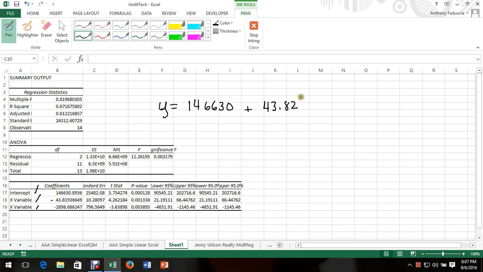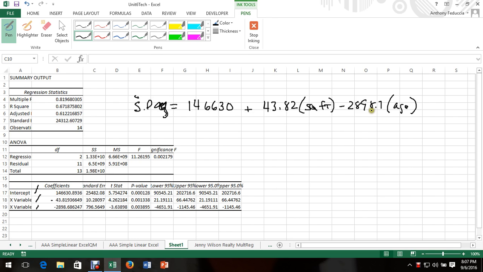That was our X1 term, if you recall. Then we have minus 2898.7 times the other variable, which was age of the house. Okay, so the selling price, instead of Y, is equal to 14,630 plus 43.82 times the square foot minus 2,898.7 times the age.